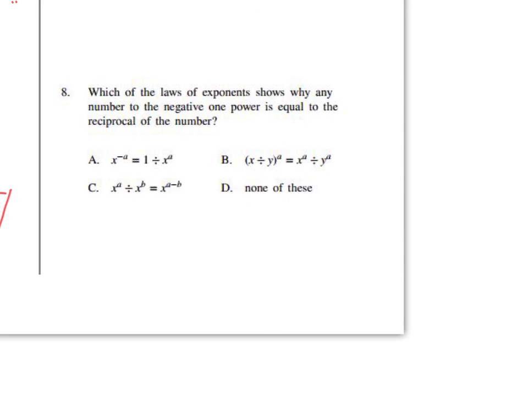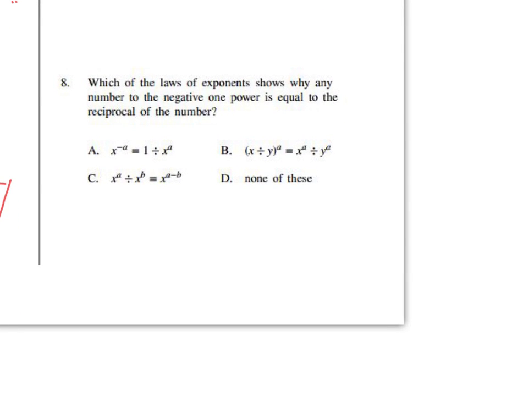All right. Number 8 says, which of these shows why a number to the negative power is equal to the reciprocal of the number? So A says x to the negative a equals 1 over x to the a.